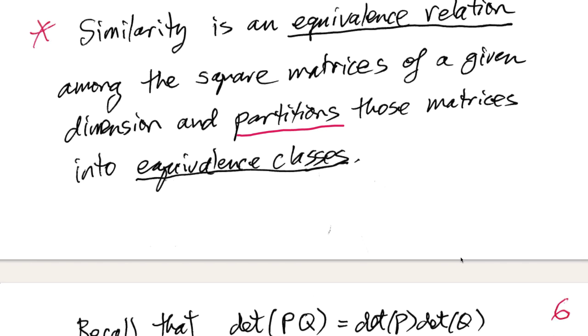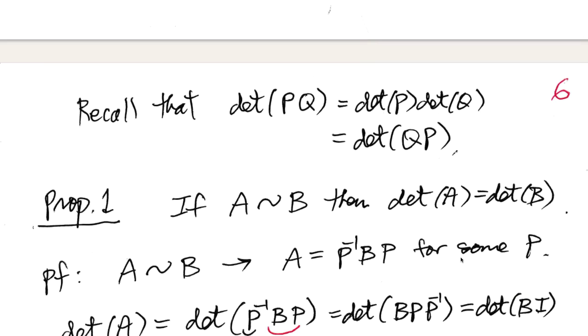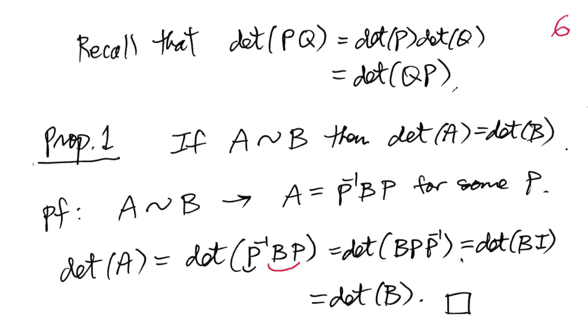Now, some other things we want to prove, on this last page. Something I want you to recall: do you remember we showed that the determinant of a product of two square matrices of the same dimension, which has to be the case for this to make sense, is the product of the determinants?